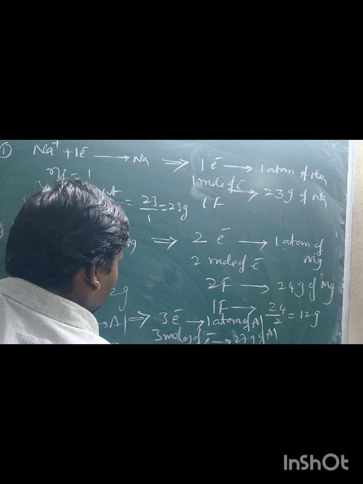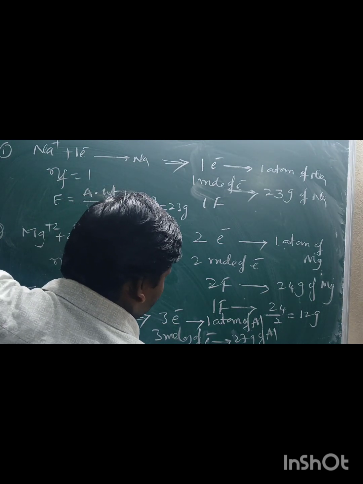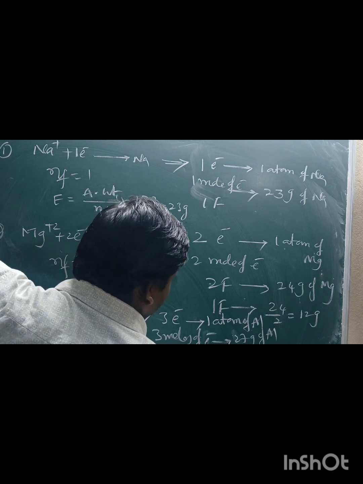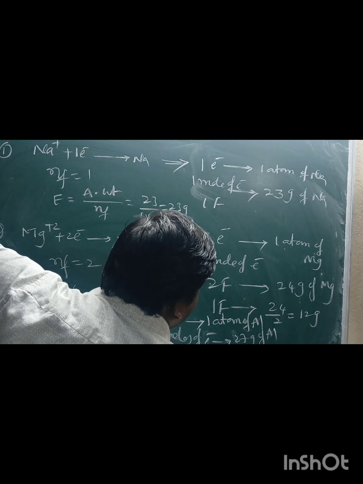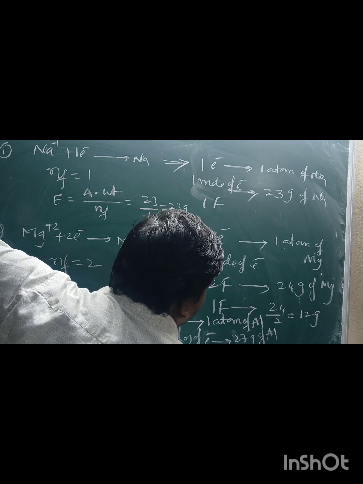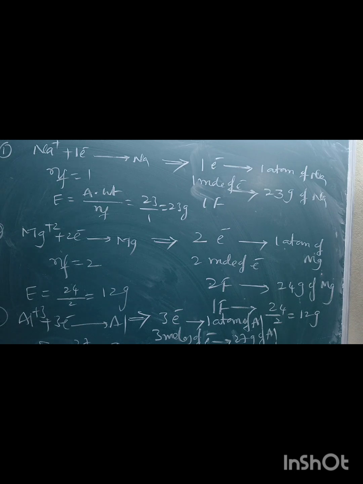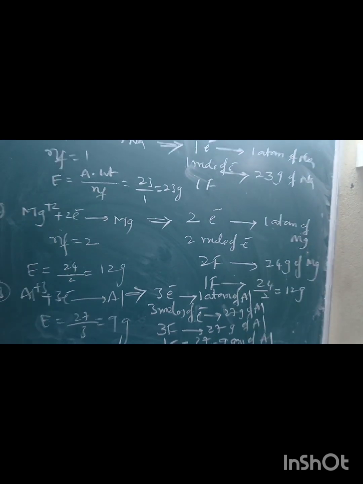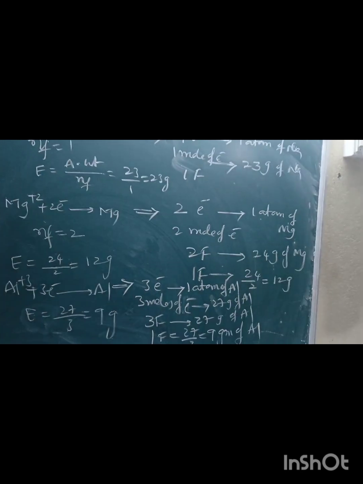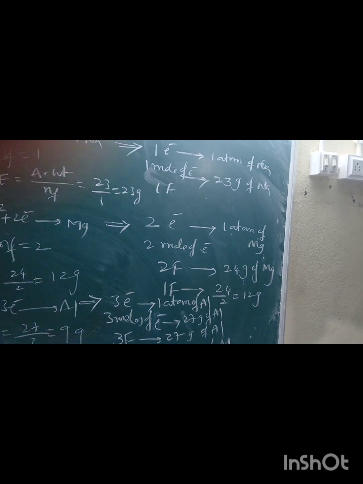It means 3 Faradays is equal to 27 grams, so 1 Faraday is equal to 27 by 3, that is 9 grams of aluminium. Okay, this is the information about Faraday's first law.